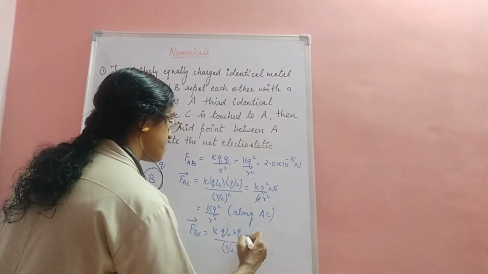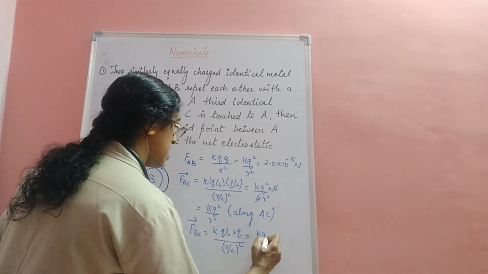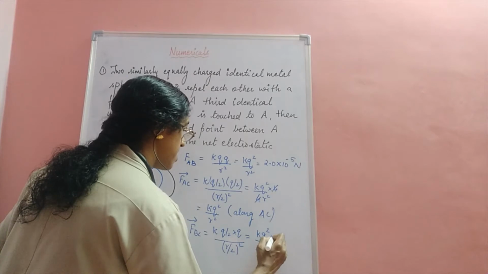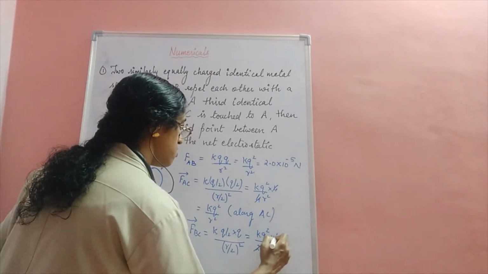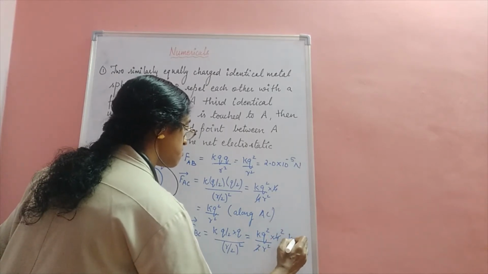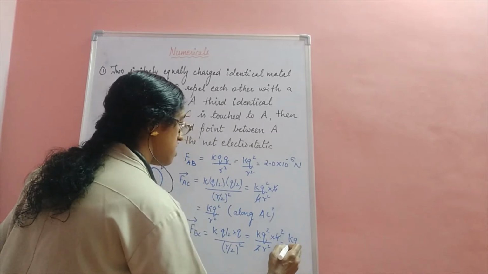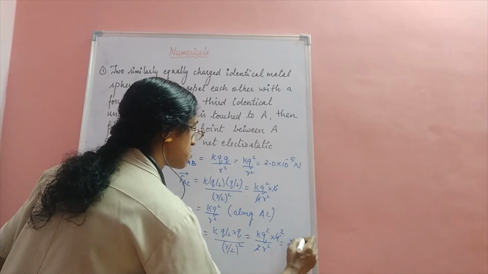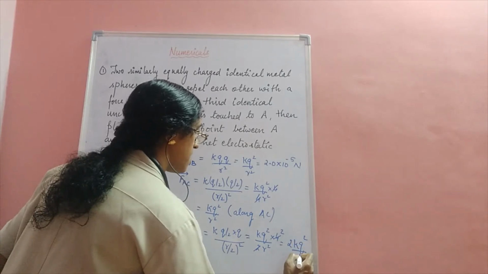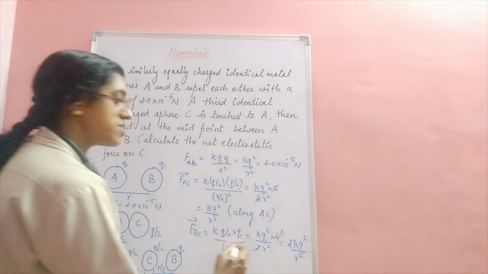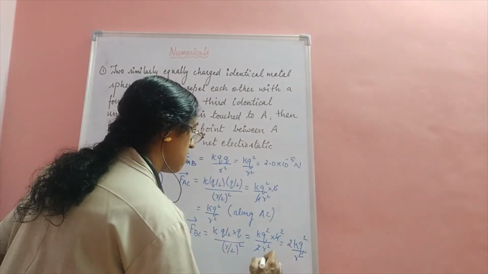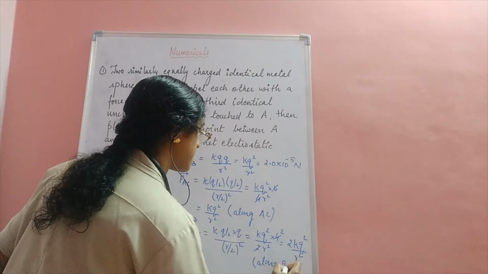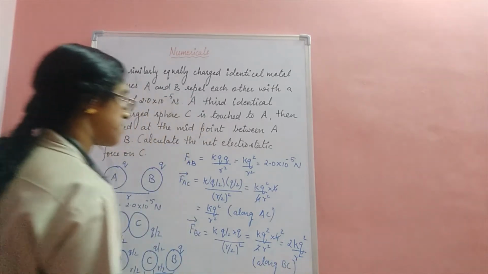So, it would be equal to K Q square upon 2 R square into 4, which is 2K Q square by R square. The direction would be along BC, as it is a repulsive force.